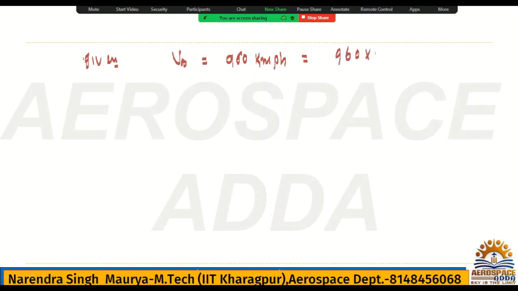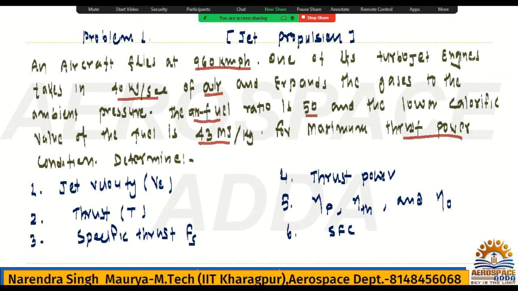So it is nothing but, I think, 5 by 18. Yes or no? 5 by 18, I think. So you need to find this speed first. So it is nothing but 266.66 meter per second.